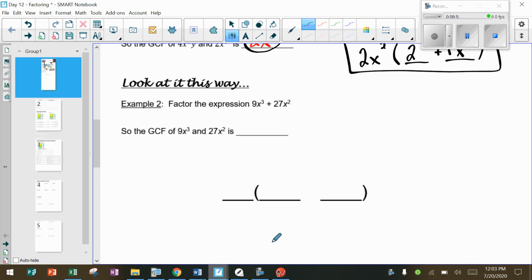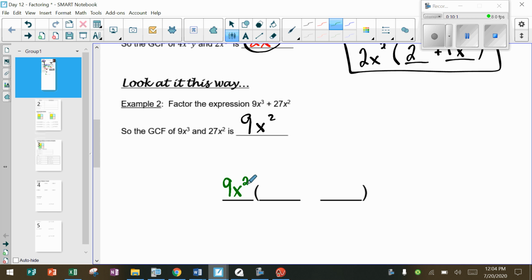So our greatest common factor starts with a 9. Then you look at the common variables and take the smaller exponent. So I have x cubed and x squared. I use x squared. That is our greatest common factor that goes in front of the parentheses.